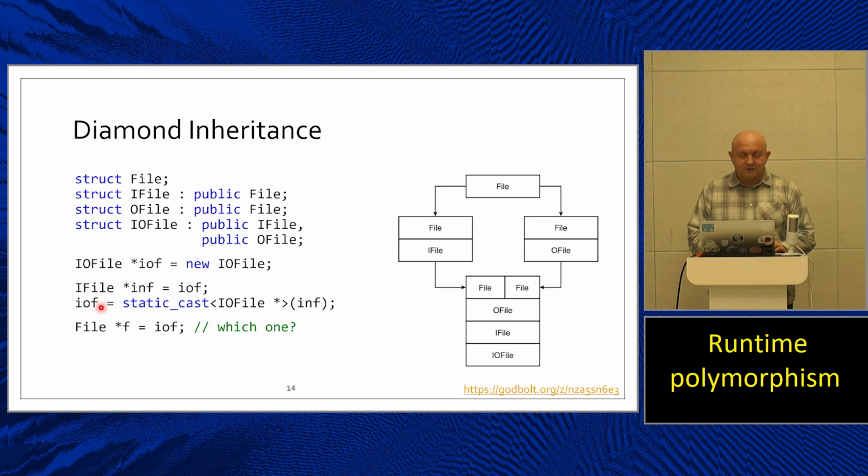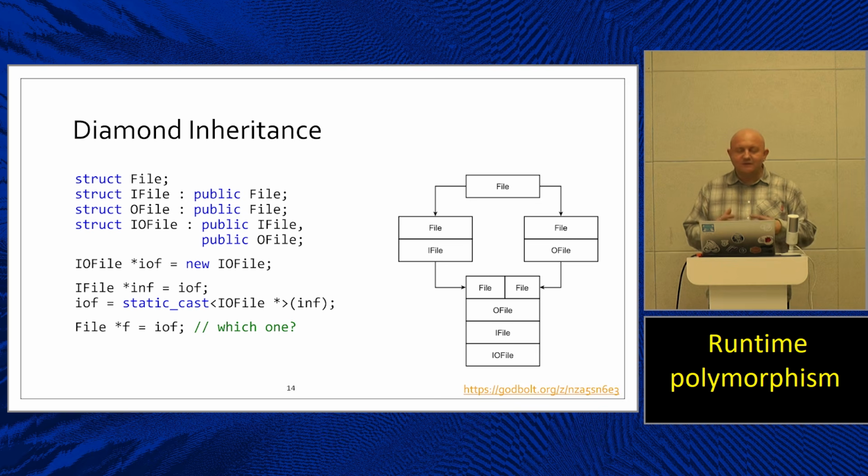Yes, we can even cast back with this static cast. But then we try to convert our EFile pointer to a File pointer. This line. Which File subobject do we mean? The one coming from EFile or the one coming from OFile? The compiler refuses because the base is ambiguous.